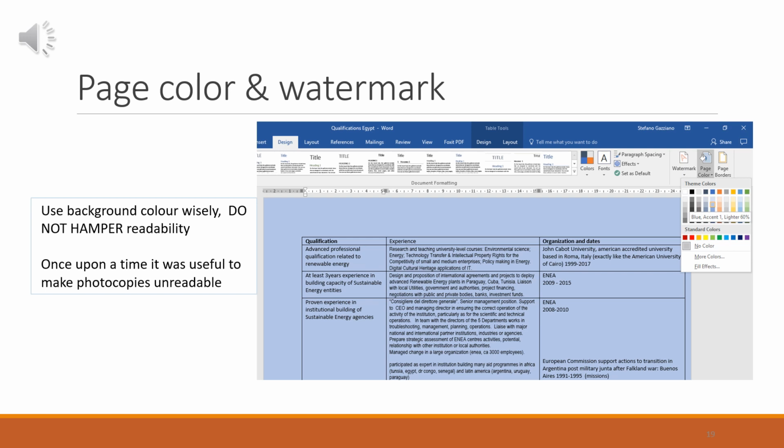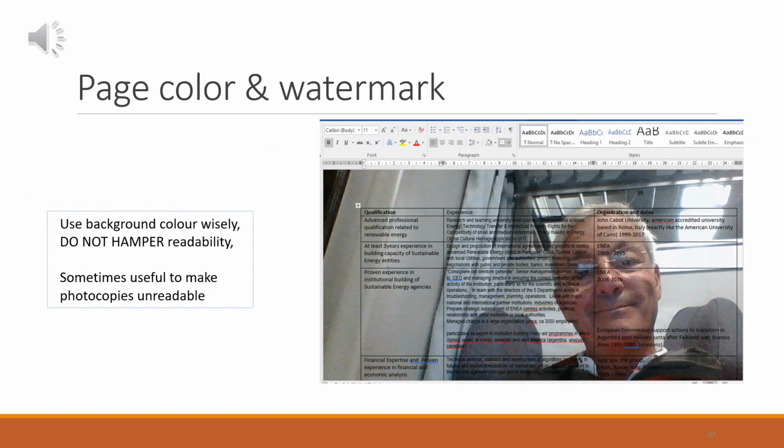Don't make it difficult for them. Worth noting historically, a background was considered useful to make photocopies difficult when you didn't want a document to be easily copyable. That was in the old days. Yes, that's exactly my point. Don't use weird backgrounds.